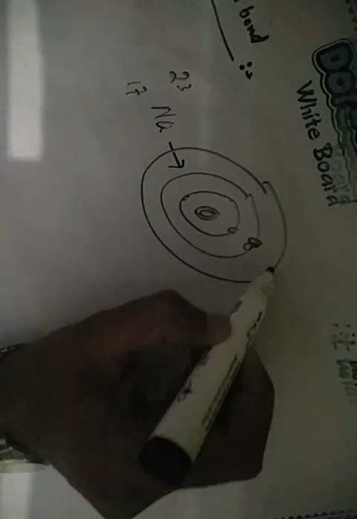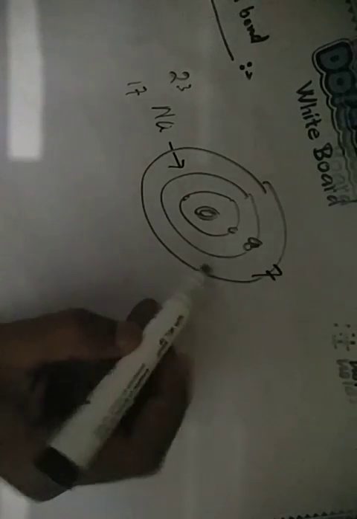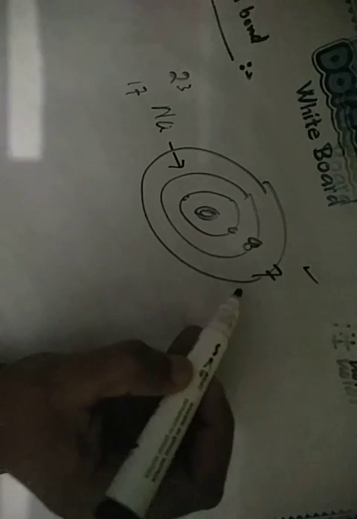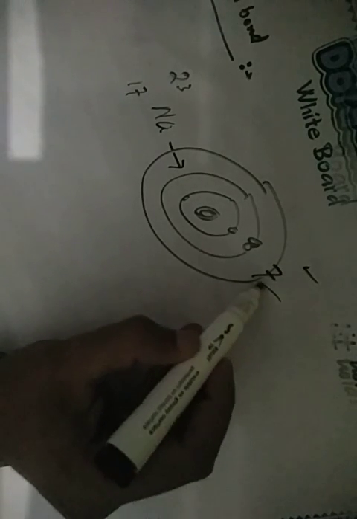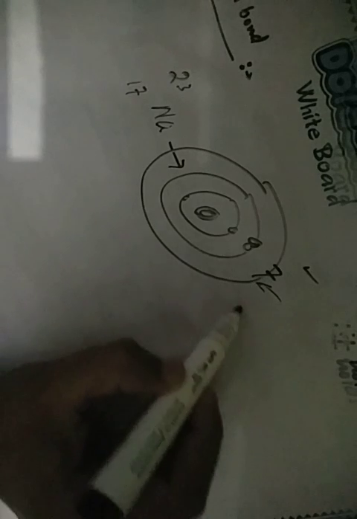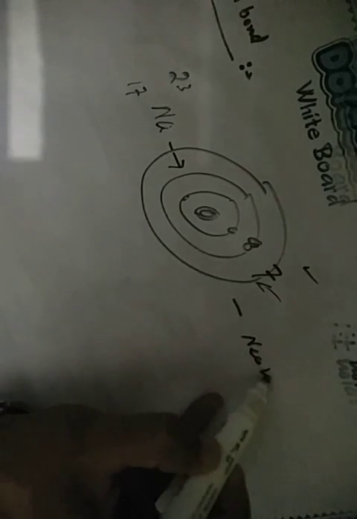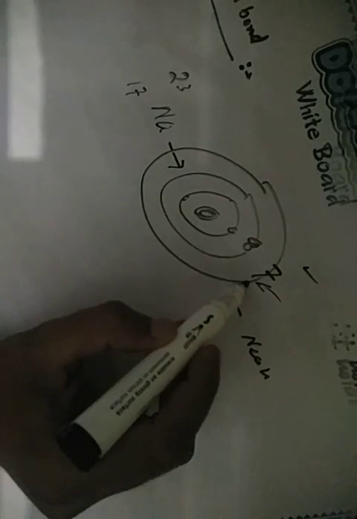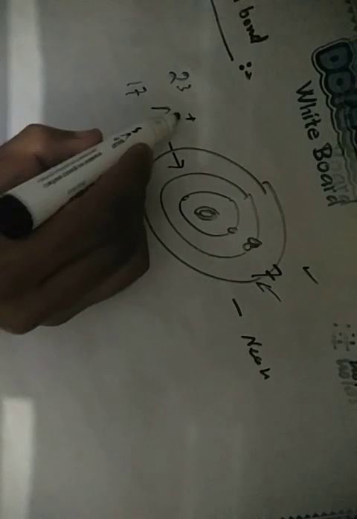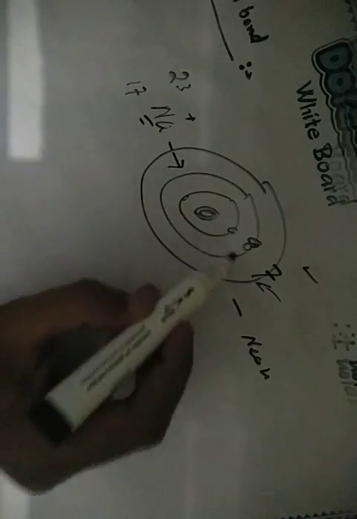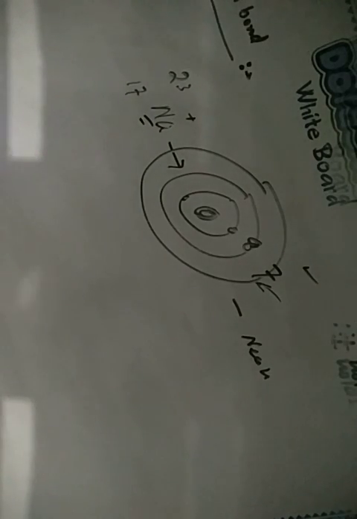Its first shell has 2 electrons, its second shell has 8 electrons, and its third shell has 1 electron. When it loses that one electron, it gets the electronic configuration of neon, and the sodium atom becomes a sodium ion. It becomes positively charged, right?